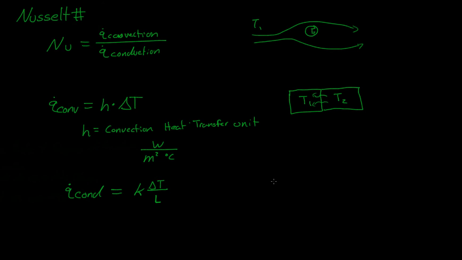So let's say you had two boxes. This one's at T1, and instead of having them right next to each other, let's put another box right between them. And this is T2. The length that we discuss is this length.